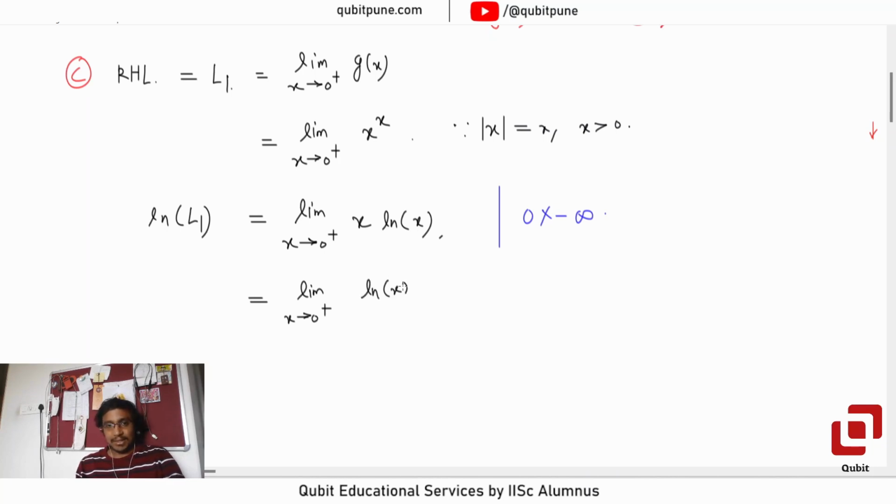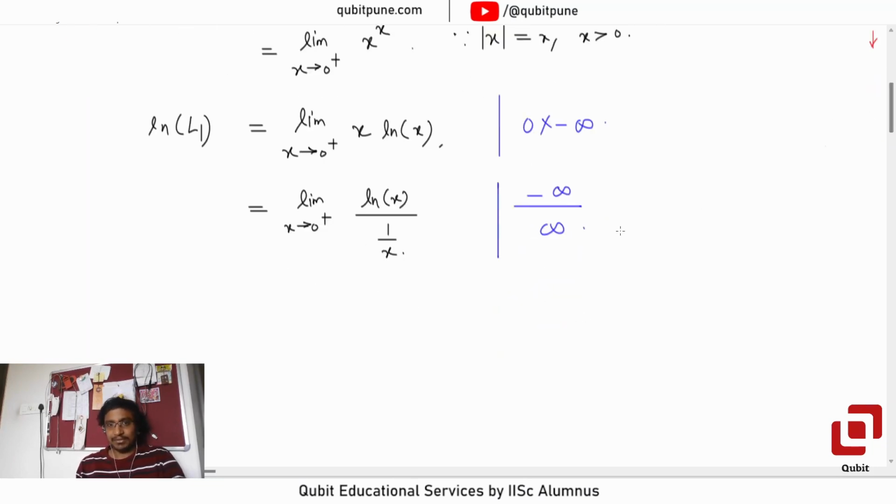Yes, let us write it as ln x over 1 upon x. Now this is infinity by infinity. But don't worry about the negative sign. As long as it is in that indeterminate form, L'Hospital's rule applies.